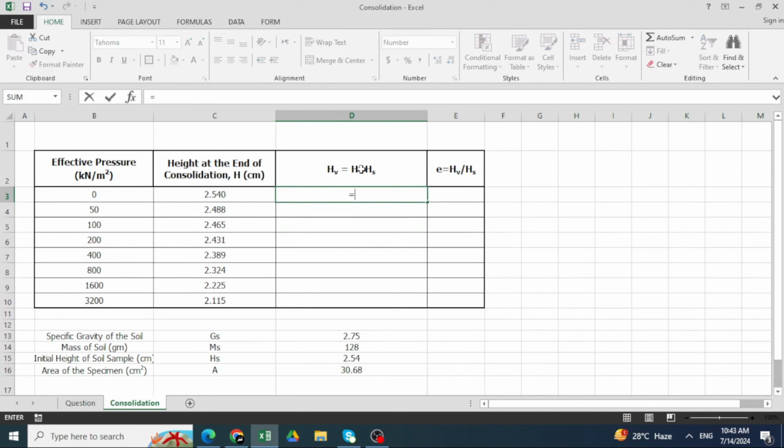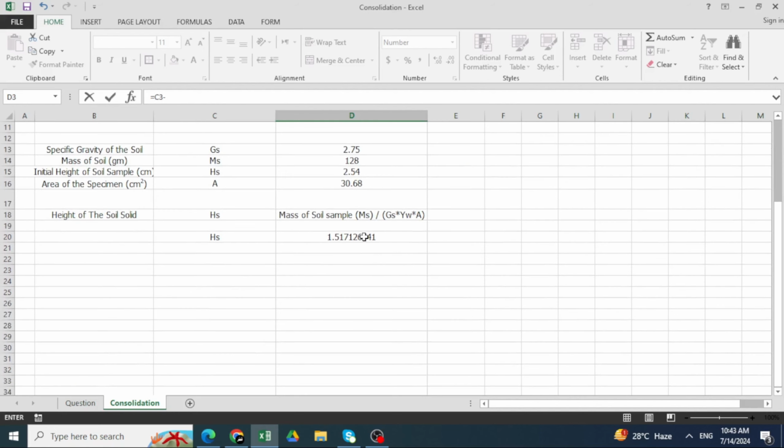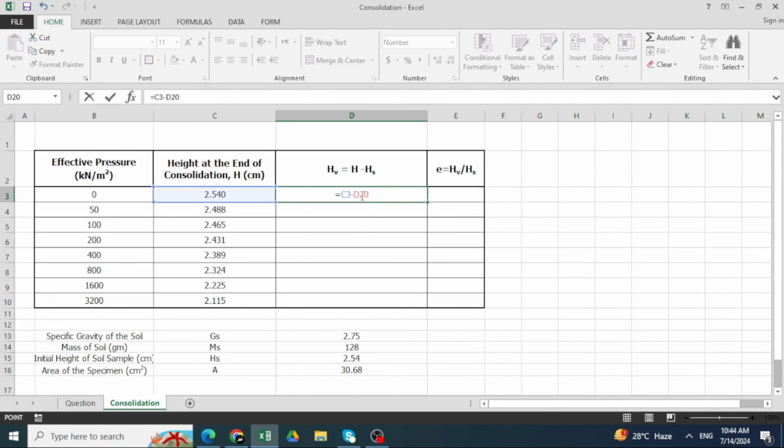So writing a formula, that is equal to the cell minus Hs, this one, and now you can see, keeping it as constant because we need the Hs constant throughout the cell. So we will add here the dollar sign and drag it down. Now you can see the void height up to 0.60.